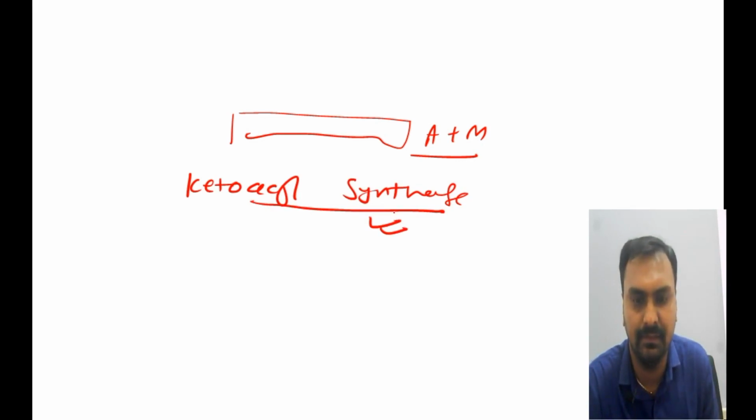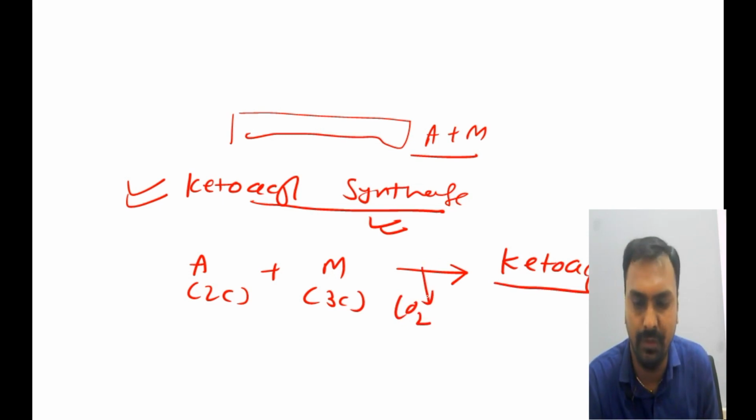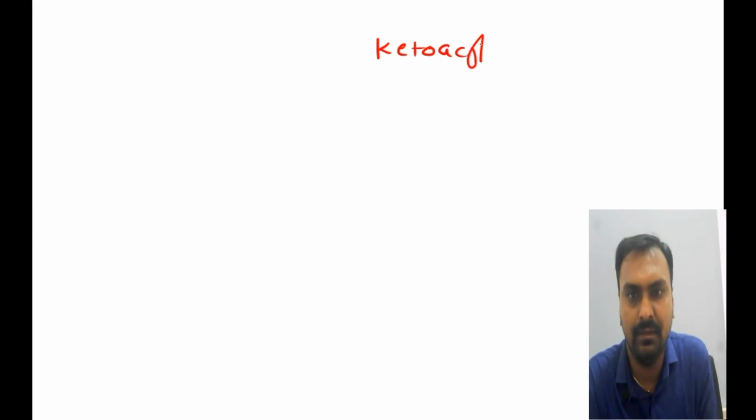So first acetyl-CoA carboxylase, then malonyl transacylase, now ketoacyl synthase. The 2 carbon acetyl plus 3 carbon malonyl combine here and form ketoacyl ACP, and CO2 is removed.